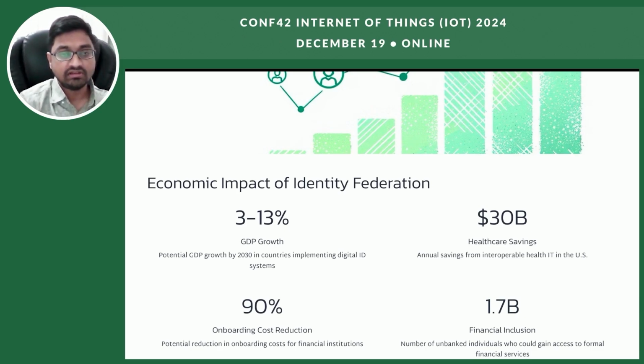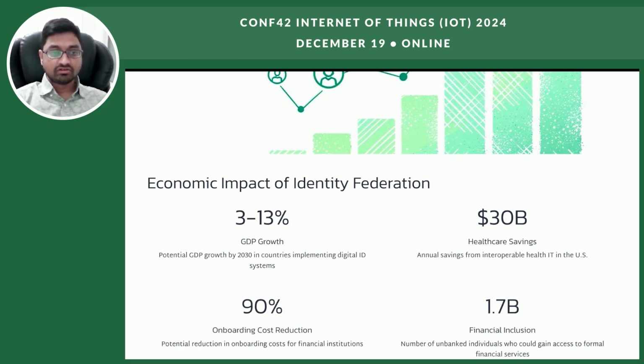By 2013, countries that implement digital ID systems saw growth of around 3 to 13%. As I was mentioning earlier, annual savings for interoperable health IT systems can be up to $30 billion.